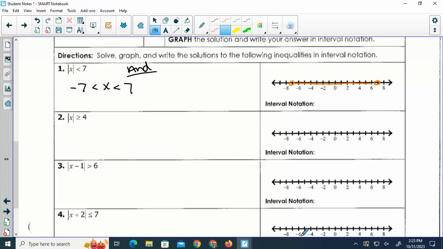All right, number 2. This is a greater than, so it's an or. For ors, we make two separate inequalities. The first one, all we do is drop the absolute value. The second one, you flip your inequality and make this a negative.